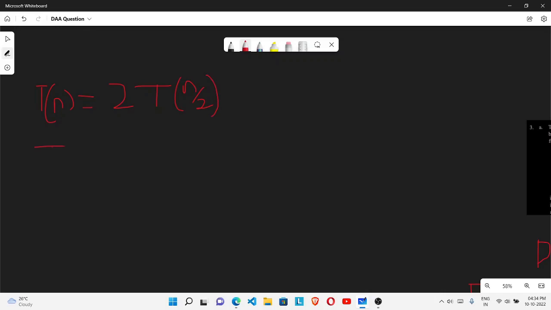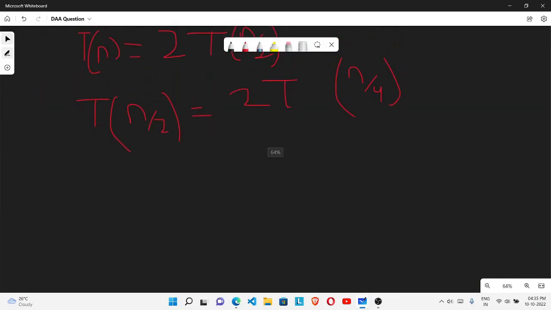So T of n by 2 would be 2T of n by 4, and T of n by 4 would be 2T of n by 8.